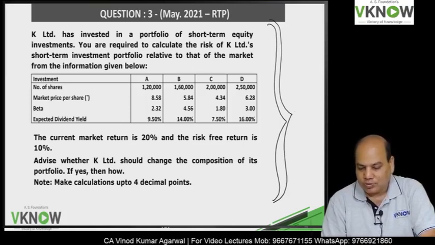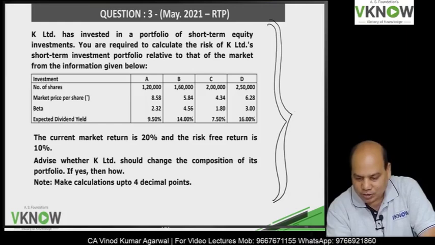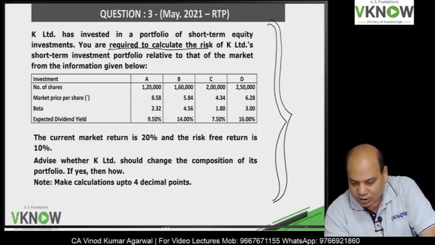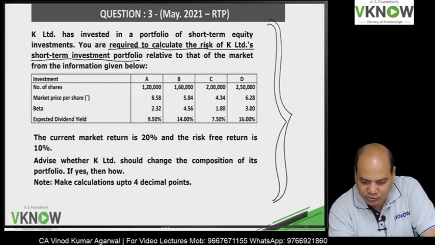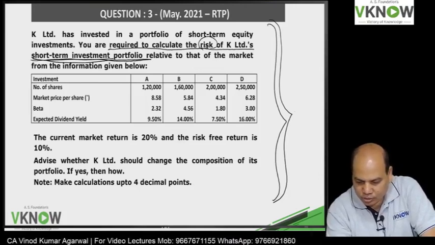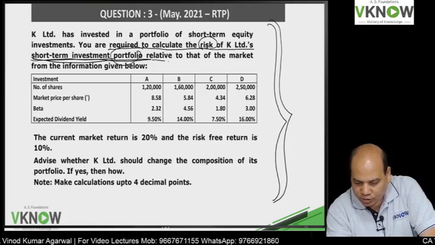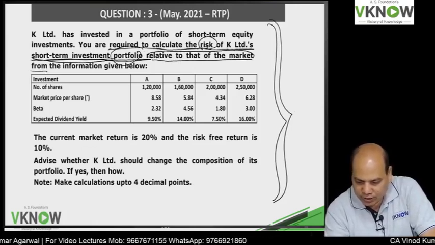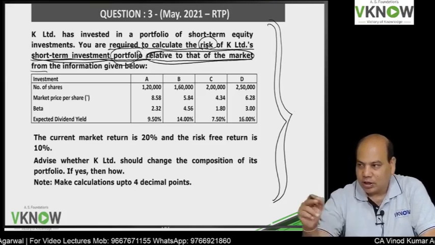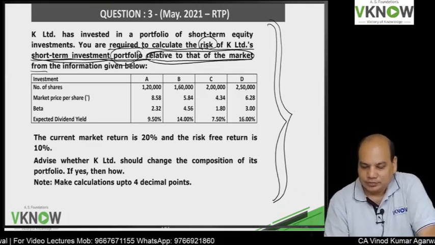You are required to calculate the risk of K Limited short-term investment portfolio. Risk you have to find of portfolio relative to that of the market, risk in relation to that of the market.